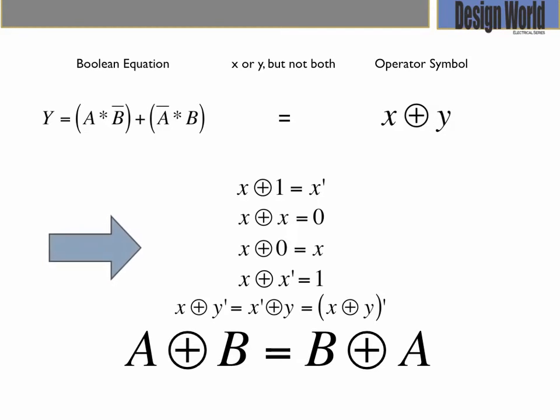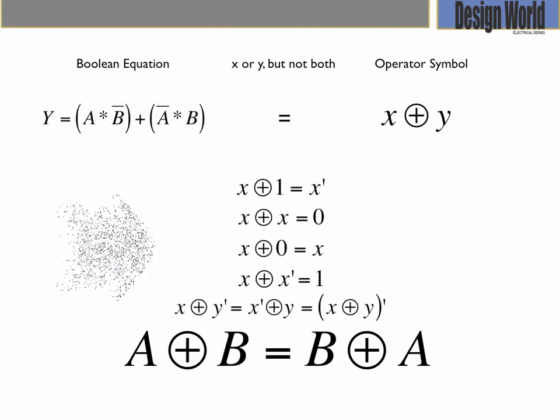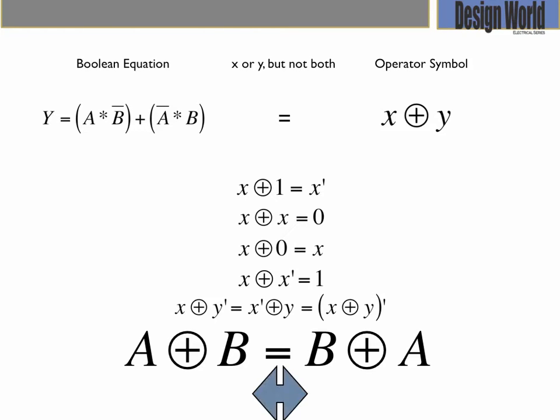The identities shown apply to the exclusive OR operation. Any of these identities can be proven using a truth table or by replacing the operation by its Boolean expression. This means that the two inputs to an exclusive OR gate can be interchanged without affecting the operation.